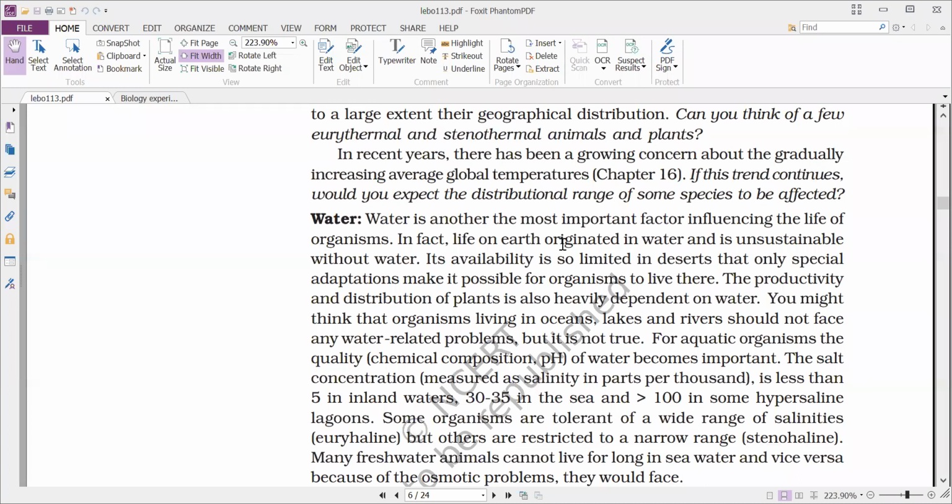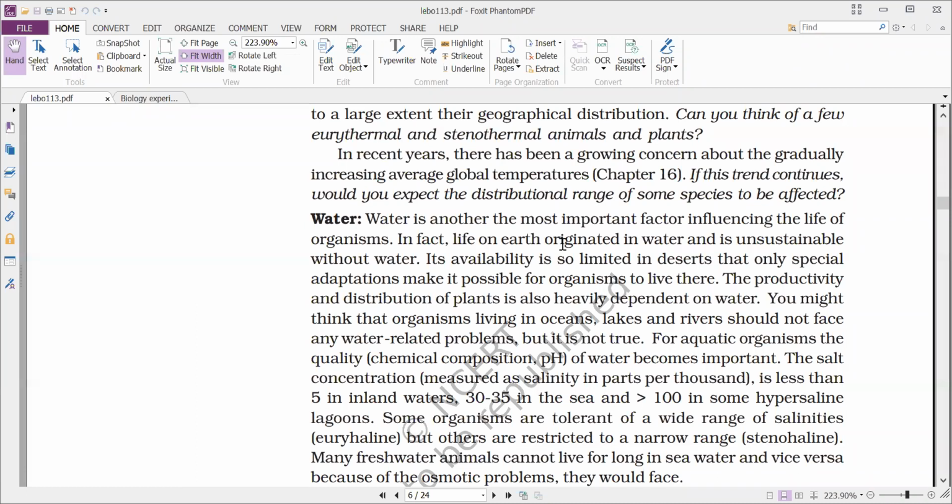And next, if this trend continues, would you expect the distributional range of some species to be affected? Yes, because most of the organisms are narrow range, stenothermal organisms.